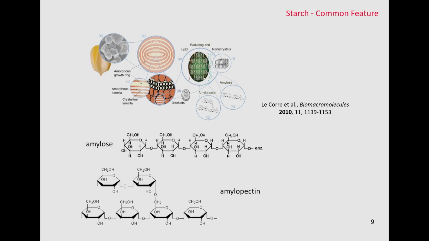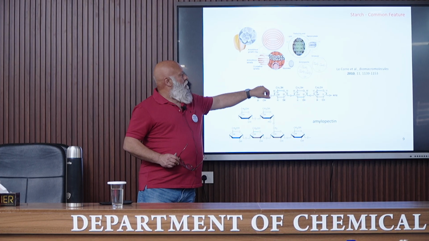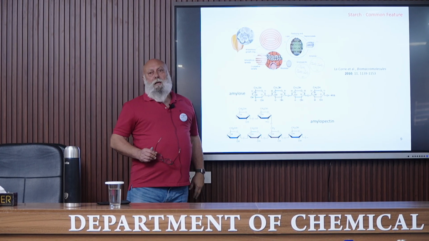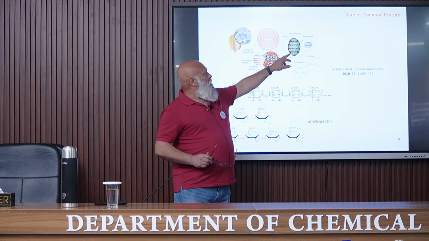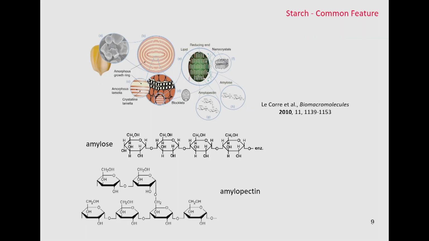is represented here. So for example, in the case of corn, we find starch in the form of granules. These granules consist of alternating crystalline and amorphous domains, and in this crystalline domain, we find smaller entities which are called blocklets, and these blocklets also consist of alternating crystalline and amorphous domains.